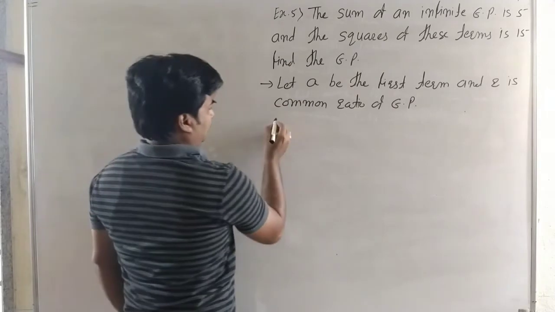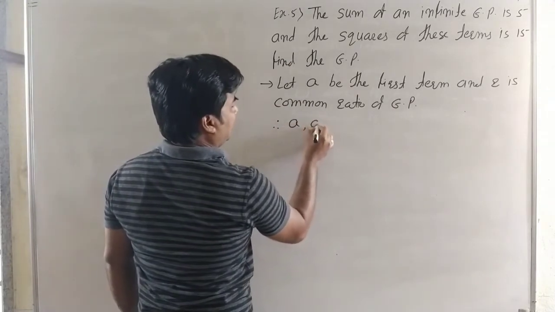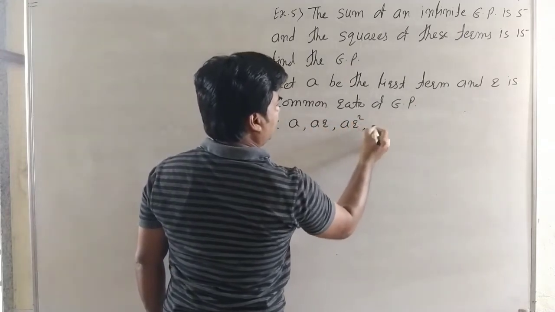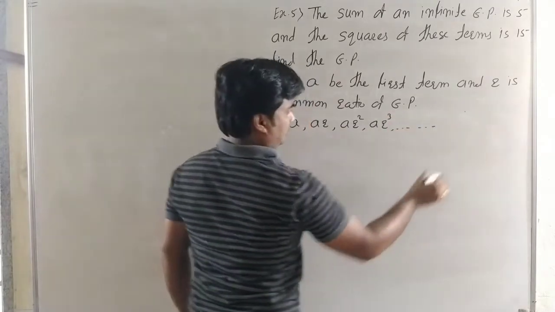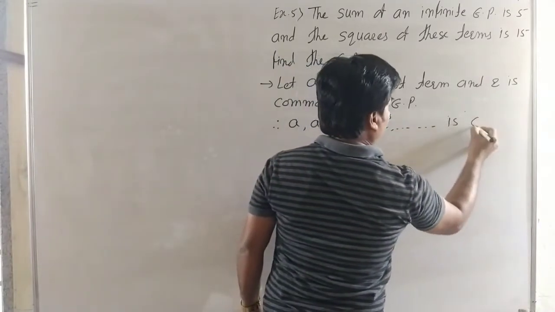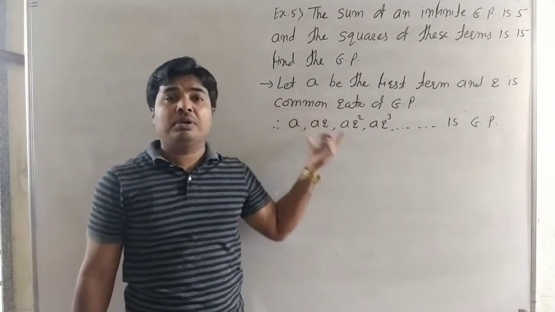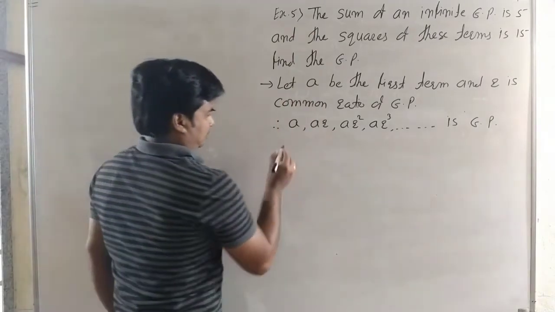Okay, therefore here a, ar, ar square, ar cube up to infinity is a geometric progression. a is the first term and r is the common ratio.